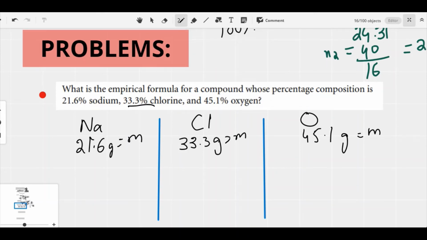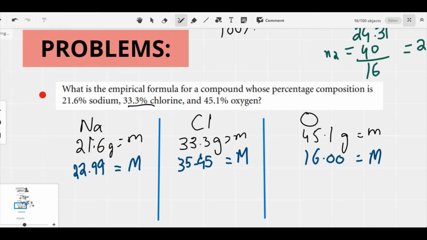Now, what will be the atomic mass here? The molar mass of sodium is 22.99 or 23, the molar mass of chlorine is 35.45, while the molar mass of oxygen is 16 or 15.99.